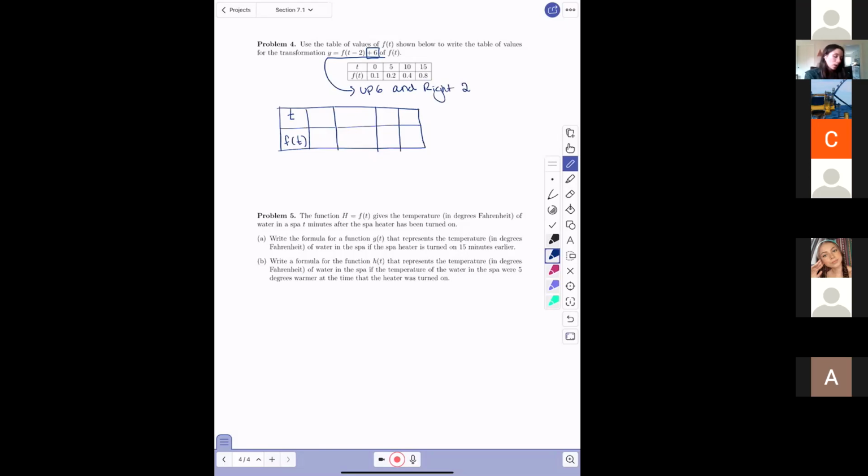So this value of 0, we have to shift it right 2. So 0 now becomes the 0.2. The 0.5, we have to shift it to the right 2, so it now becomes the 0.7.